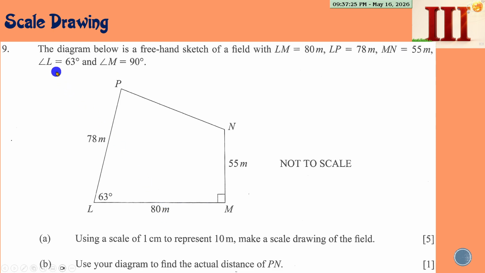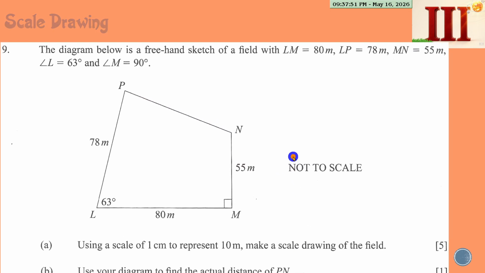And then we're given the angles: L, which is 63 degrees, and angle M, which is 90 degrees. We are to use a scale of 1 centimeter to represent 10 meters, and we're going to make a scale drawing of this field in the answer booklet. And then we'll use the diagram to find the actual distance of PN.